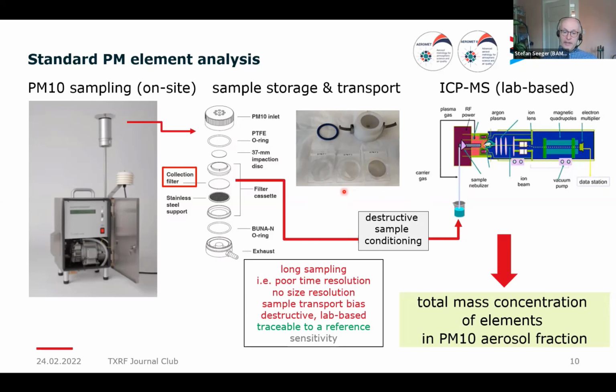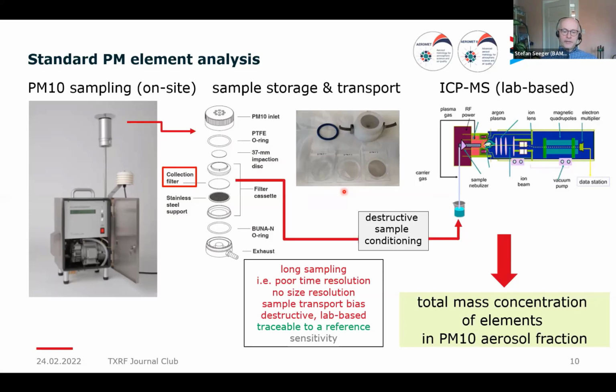That is a destructive method. It requires long sampling and therefore has a poor time resolution and almost no size resolution, because it just integrates samples over the whole size range in the PM10.